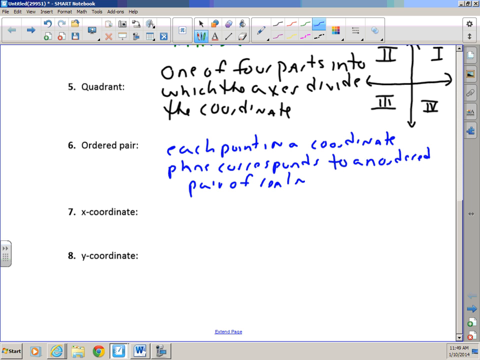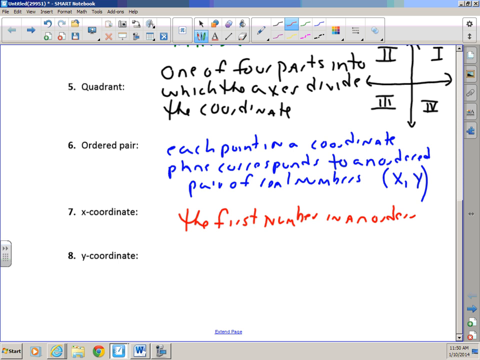We're dealing with 2 dimensions, and they're written as x, comma, y. So the x-coordinate is the first number in an ordered pair. And then obviously the y-coordinate is the second number in an ordered pair.